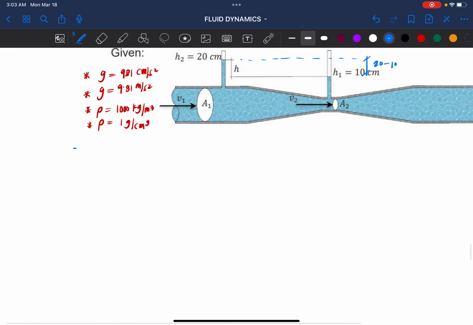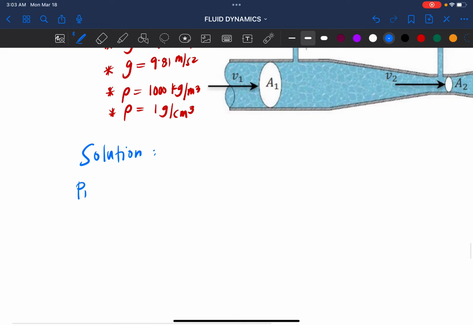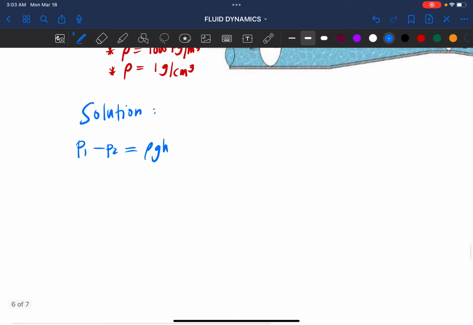So, solution. Ang pressure difference P sub 1 minus P sub 2 is equal to rho g h. And then, yung isa pang formula natin is P sub 1 minus P sub 2 is equal to rho V sub 1 squared over 2, times quantity, A sub 1 squared over A sub 2 squared minus 1.